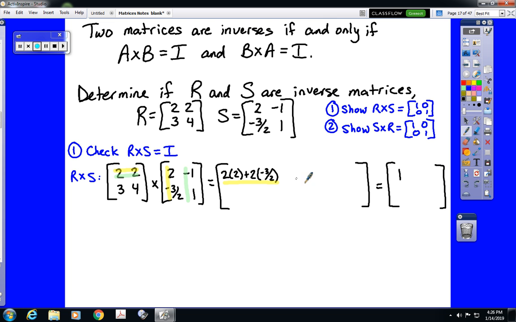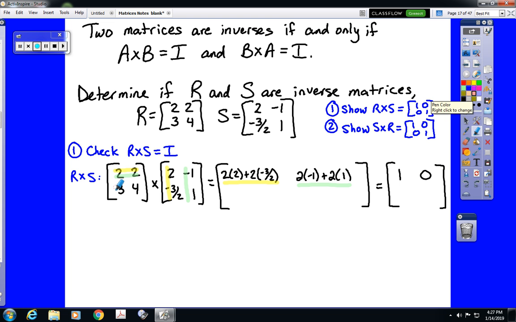It's going to be written right here. So that's 2 times negative 1 plus 2 times 1. Now that has to equal 0. Well, 2 times negative 1 is negative 2. 2 times 1 is positive 2, so negative 2 plus 2 would be 0, and we would continue the problem.